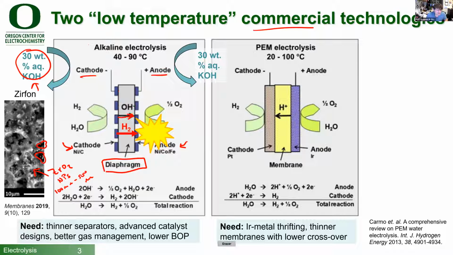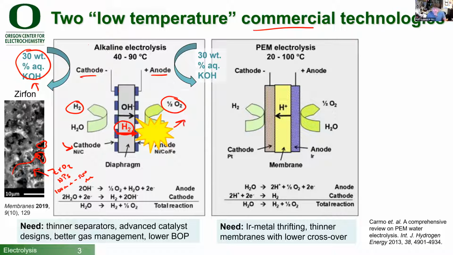The disadvantage of this system, though, is if you make the diaphragm too thin, or if you have a variable electric load and say your rate of hydrogen and oxygen production goes too low, the crossover rate of hydrogen through these pores can become too high and you can get an explosive mixture of hydrogen and oxygen.